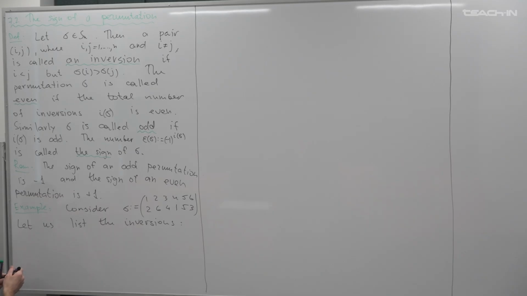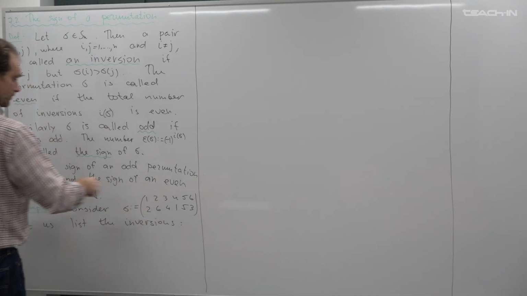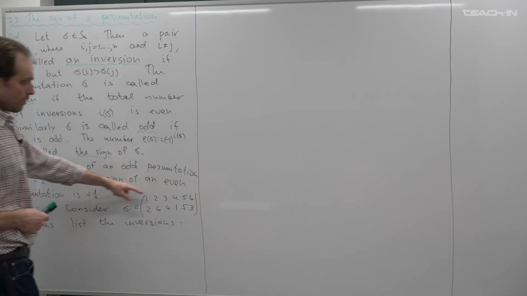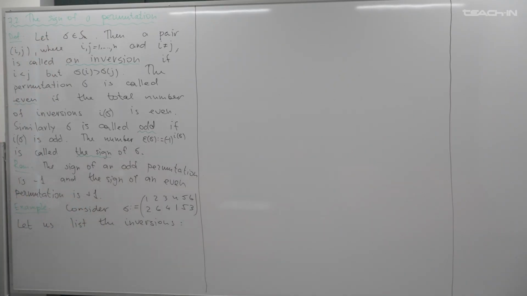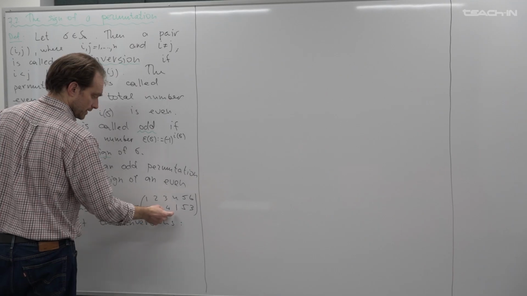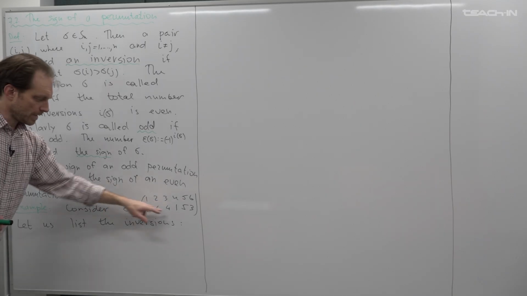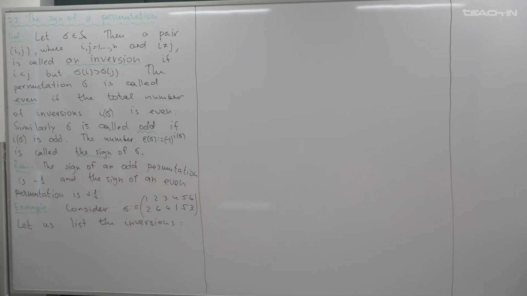So let us look at the first element here. This is one inversion, right? The pair 1 and 4 are in inversion just because 2 is greater than 1. I will write not the pair 1, 4, but the corresponding elements in the lower line.